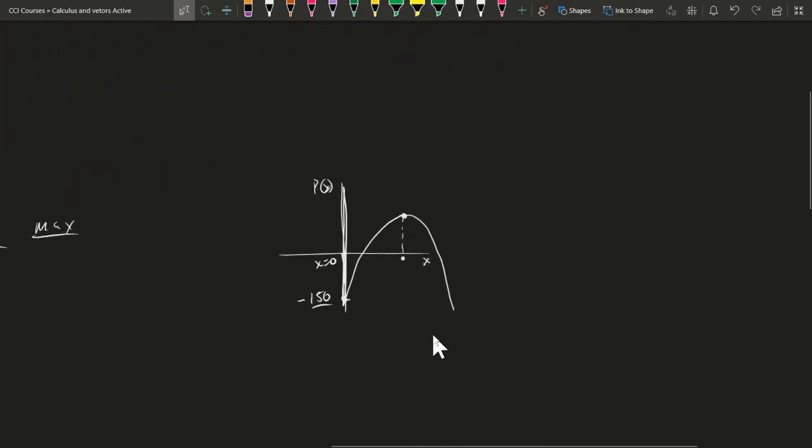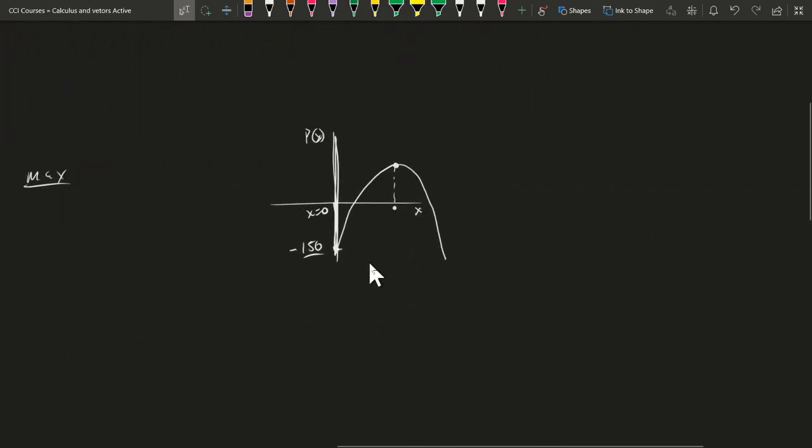Anyway, here's my graph. Now, what's unique about this point? It has a slope of 0. And the slope is p prime of x equals 0.